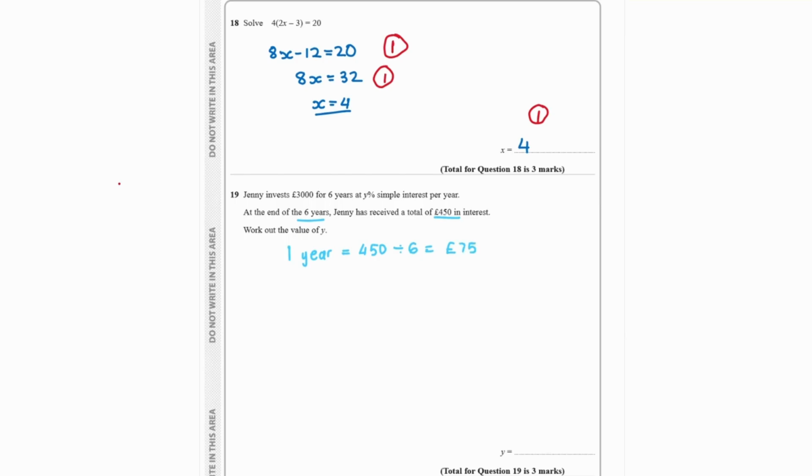So in 1 year, if she's receiving £75 in simple interest, this means that the Y% of interest that she was getting of the amount, which is £3,000, should give £75.